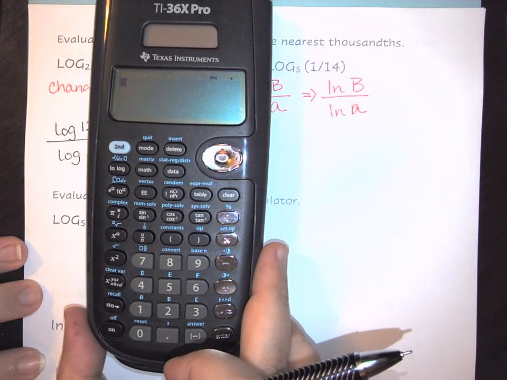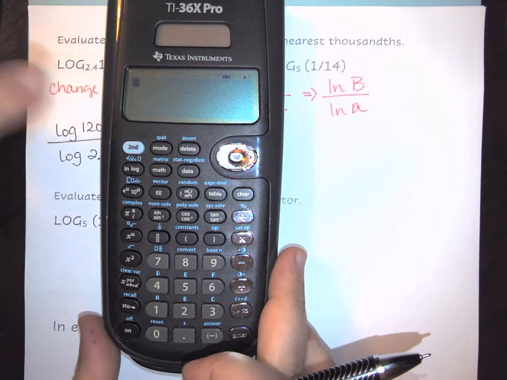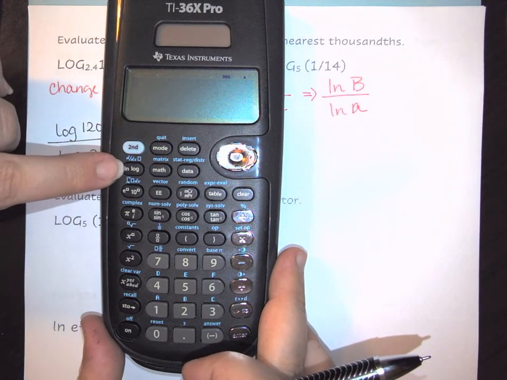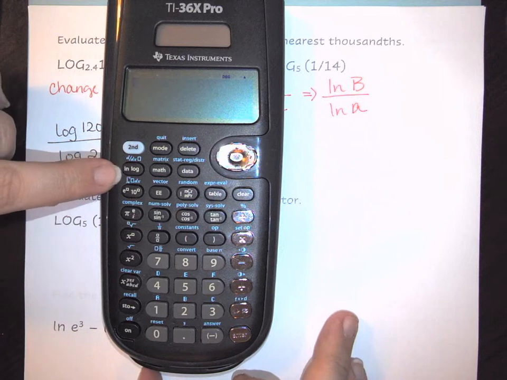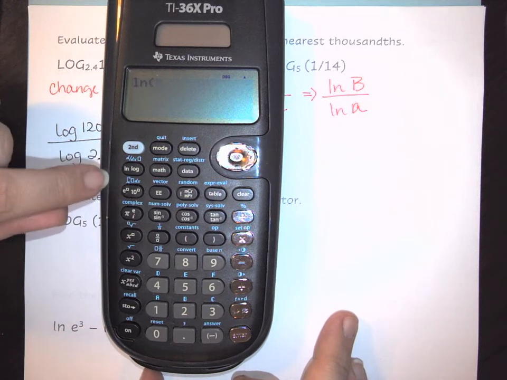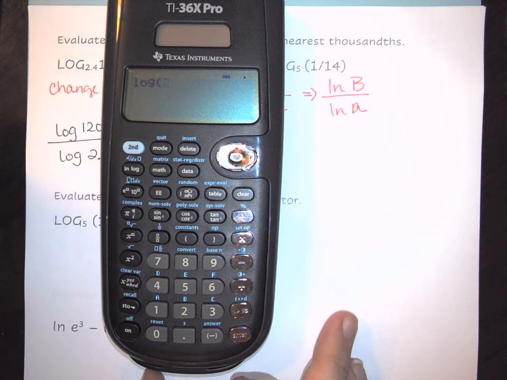On my calculator, you can see right here I have an ln and a log button, and so I want to go ahead and use that. When I click it the first time, notice it shows ln in my window. I want the log, so I just simply click it again and then input my value.